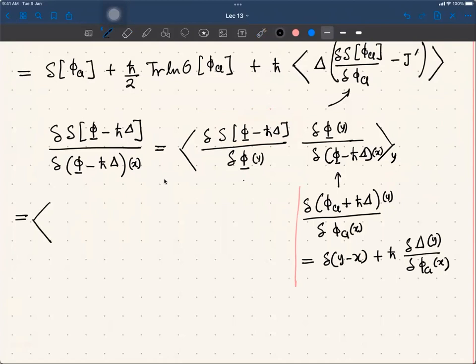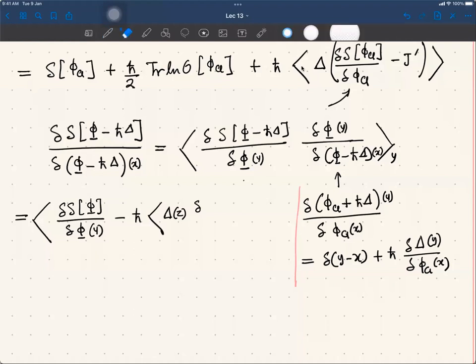If you do the Taylor expansion, then it is del S of phi lower bar over del phi lower bar of Y, minus h bar delta Z. It's getting a little bit difficult to track, so let me do it in more steps and slowly.